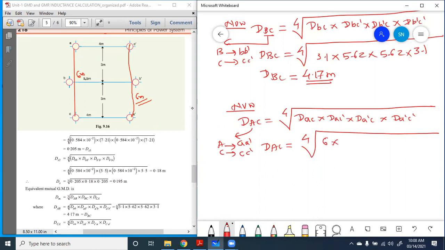Now AC dash, what is the distance AC dash, which is already calculated?